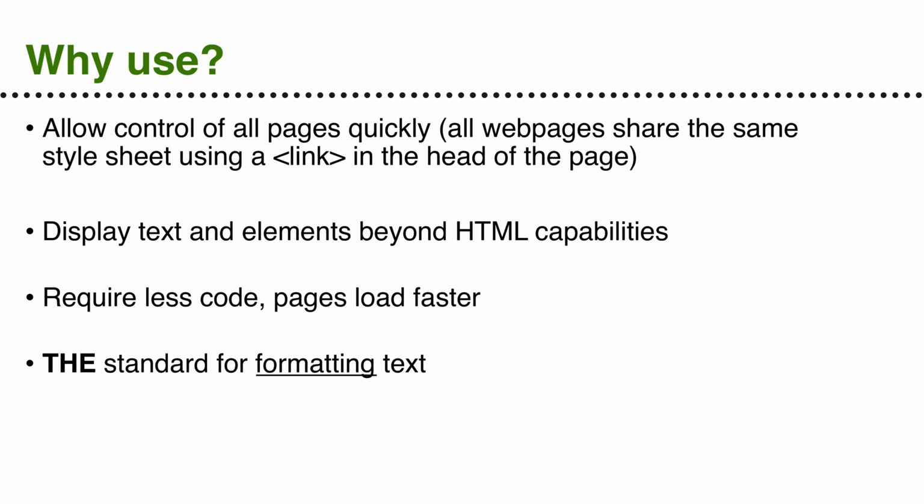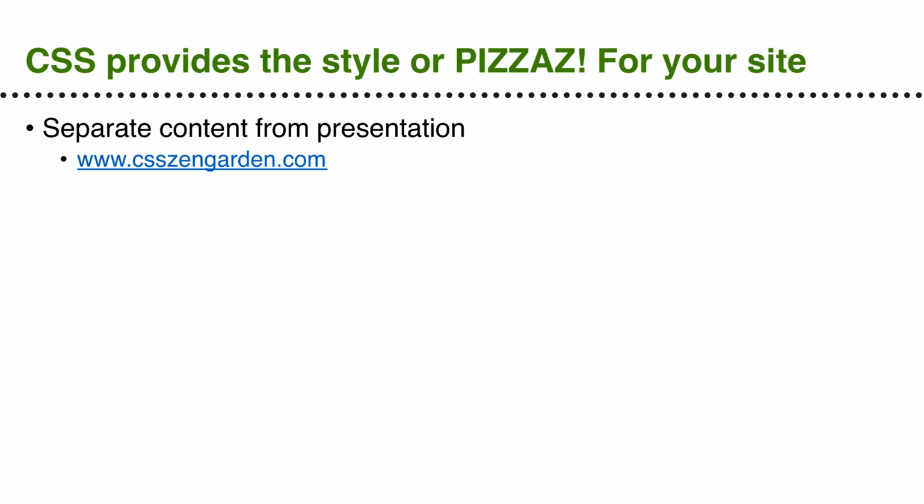So all of our web pages share that same style sheet using a link in the head of the page, or the brain. So we tell the brain that I want my colors to look like this. It requires less code. If we think about usability and user experience, CSS is really important because our pages load faster. Another thing, this is industry standard for formatting text using our HTML and our CSS.